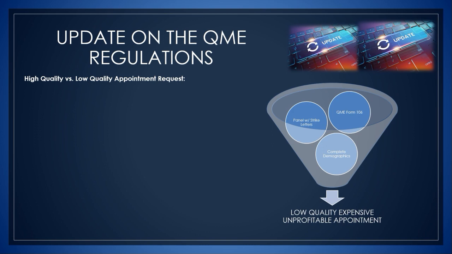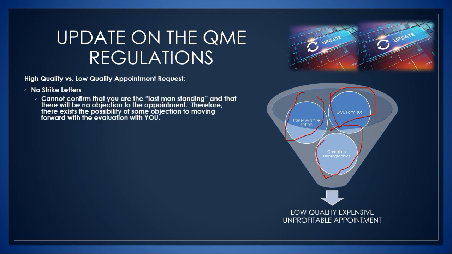Remember, missing any one or more of these pieces of information puts the risk on you for suffering a low-quality, unprofitable, and expensive appointment for which you, and only you, get to bear the cost. So if you're unable to get the strike letters, then you're unable to confirm that you, in fact, are the last evaluator standing, and that there will be no objection to the appointment.